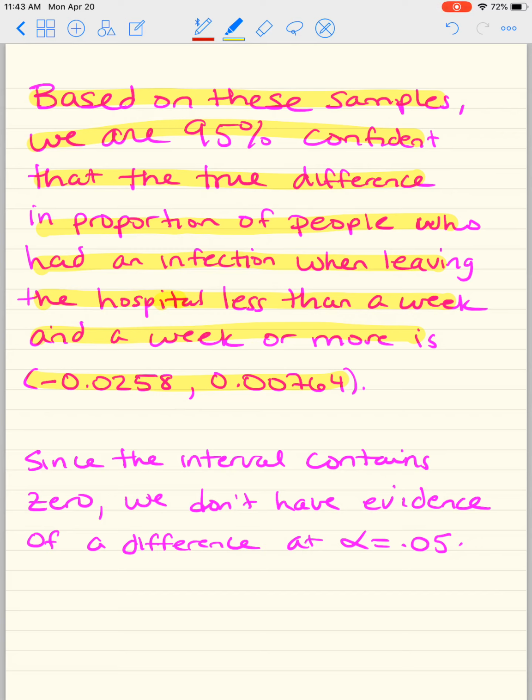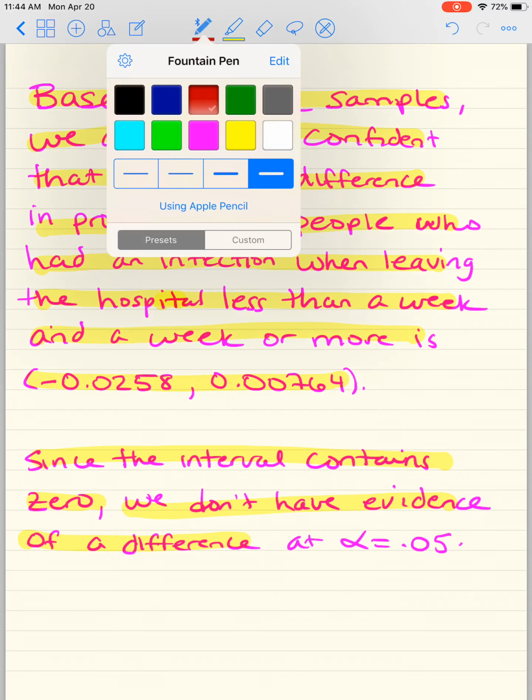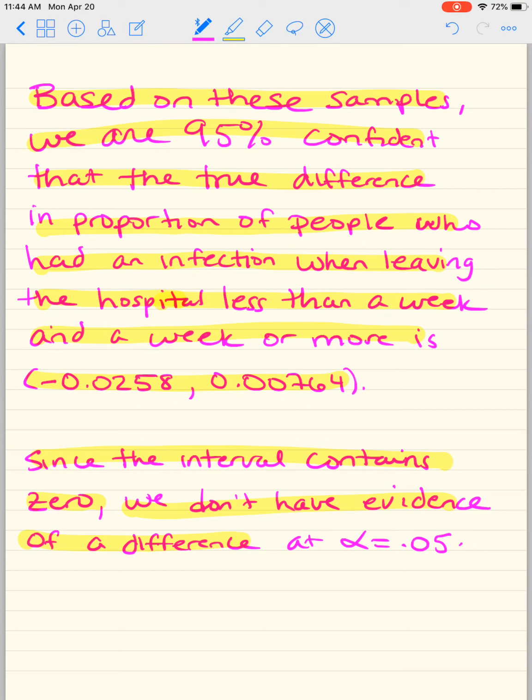Anytime we do a two sample confidence interval problem, we're going to write a second statement. That second statement says, since the interval contains 0, we don't have evidence of a difference in the proportion of people who are infected if they left the hospital early or if they stayed longer, at the alpha equals 0.05 level, because this is a 95% confidence interval.